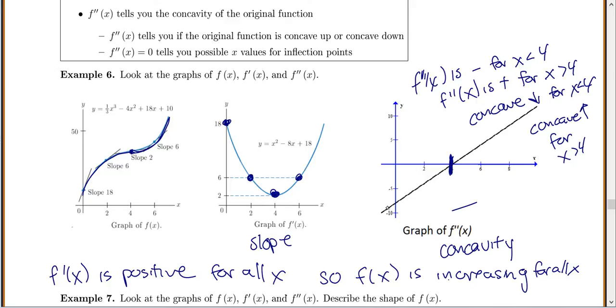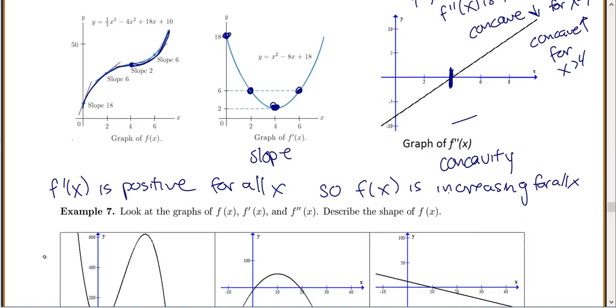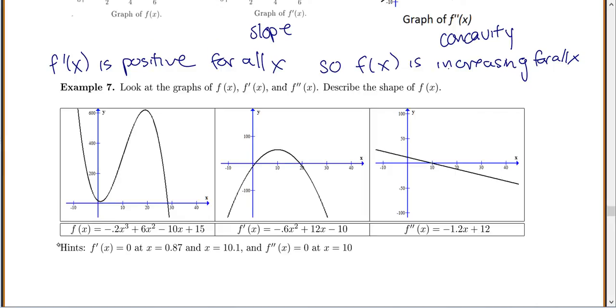And it was negative, or decreasing up to 4, and then it was positive, or increasing from 4 on. So every once in a while it will ask you a question about, like, when is our slope increasing or decreasing, and you could just take the derivative again. But that's kind of confusing. Okay, you have to really think hard about that so you don't get confused.